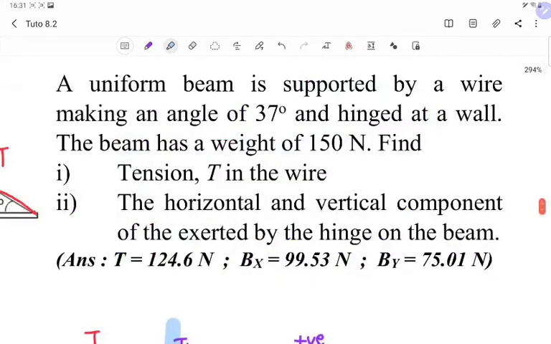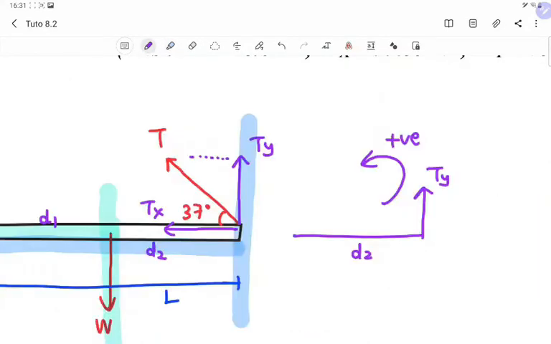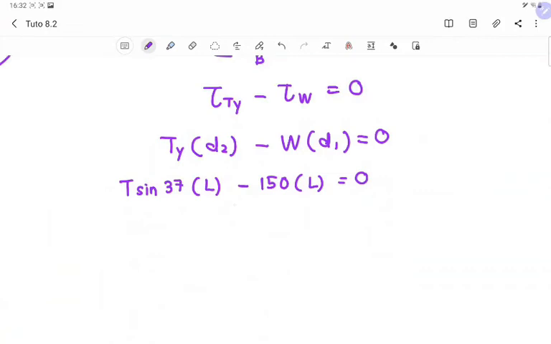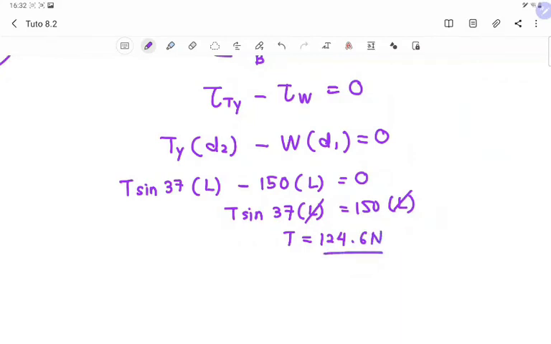Okay, and then the weight of the beam is 150 Newton. And then Ty is T sine 37. Okay, substitute and expand the equation. Then we will get T sine 37 L equals 150 L. Then we can cancel L on both sides. Okay, then we will get the value for T, which is 124.6 Newton. So we've got the tension.